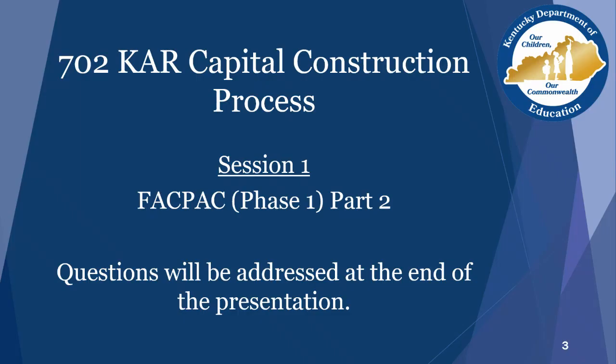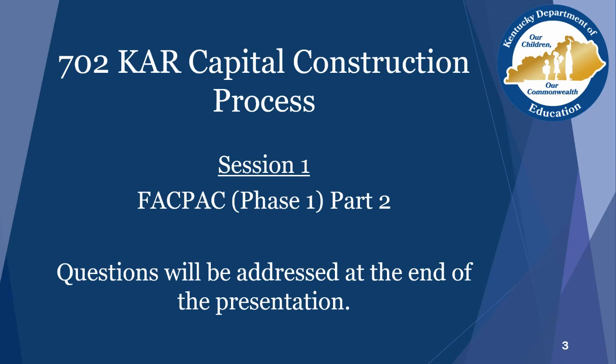Thank you, Jody. In the first session, we provided a basic introduction to capital construction process, BG1s and FACPACs. What are BG1s? When are BG1s required? BG1s are used by KDE: initial BG1 project applications, revised BG1s, and we touched on the checklist associated with a KDE approved initial BG1.